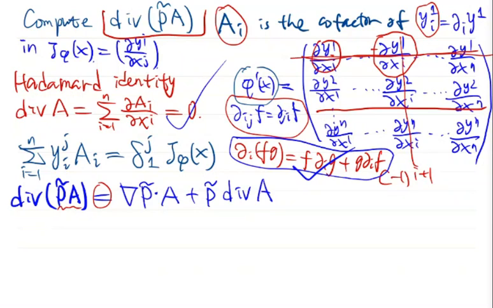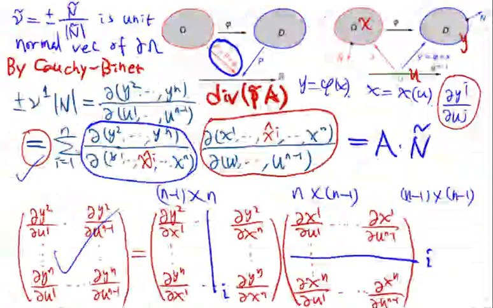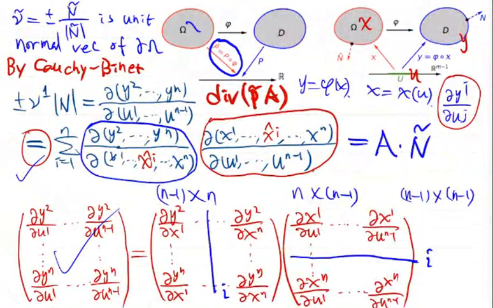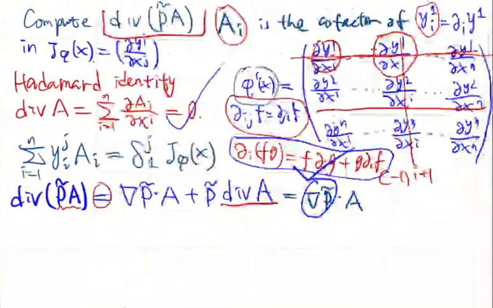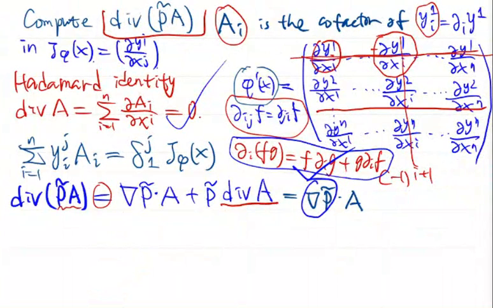Now the divergence of A is 0. We mentioned it before by the Hadamard identity. Therefore, we only have the inner product of the gradient of P tilde with A. But P tilde is a function of x, so the components of the gradient of P tilde are the partial derivatives of P tilde with respect to xi.